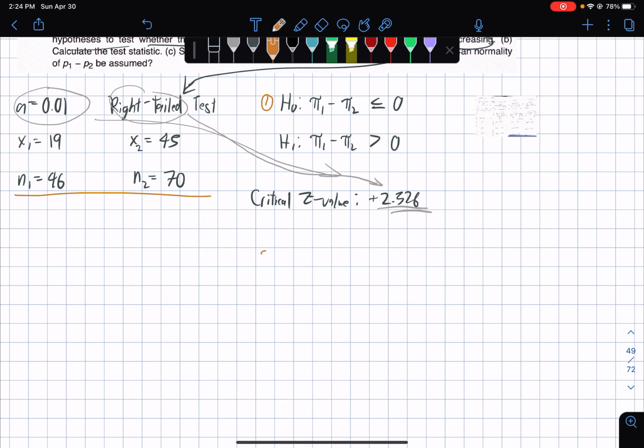Let's go with step 2. Step 2, reject H0 if Z-calc is greater than 2.326.